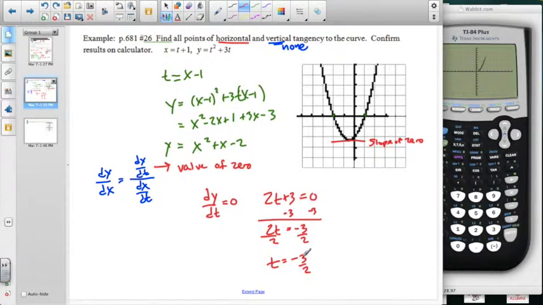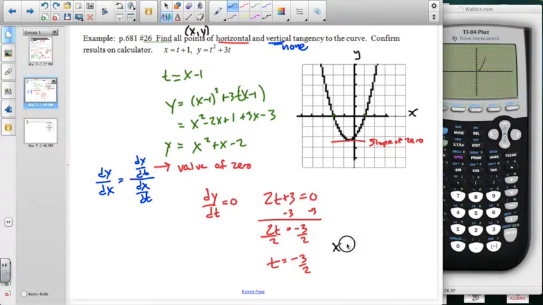And if that's our value for t, if we want to find the point of horizontal tangency, we know there are no vertical tangencies. When it says find all points, it really implies giving the points in the form that is graphed, and that's on the Cartesian plane, or the xy plane. So we really have to figure out the xy coordinates.